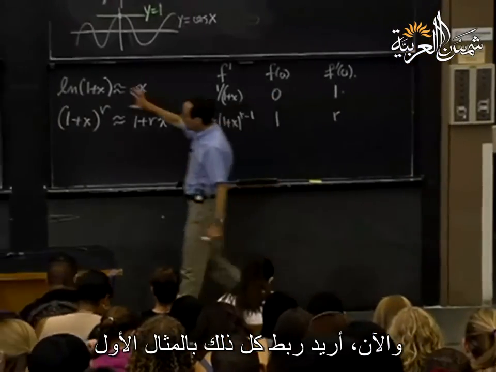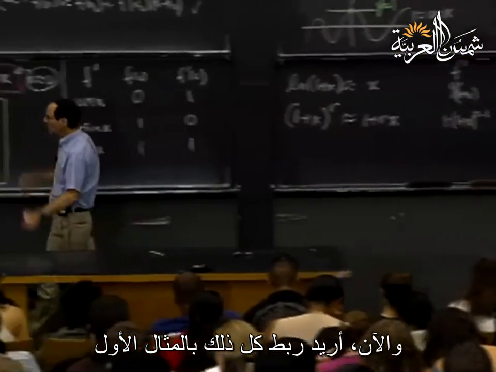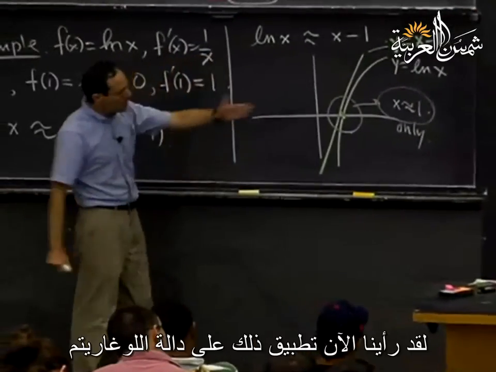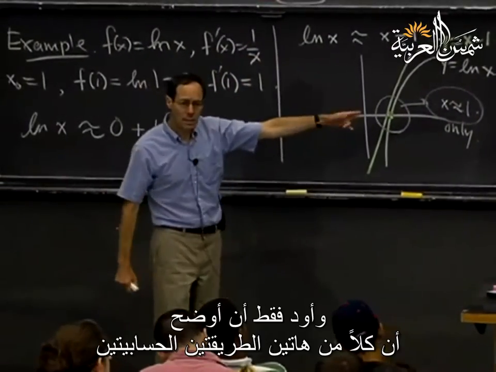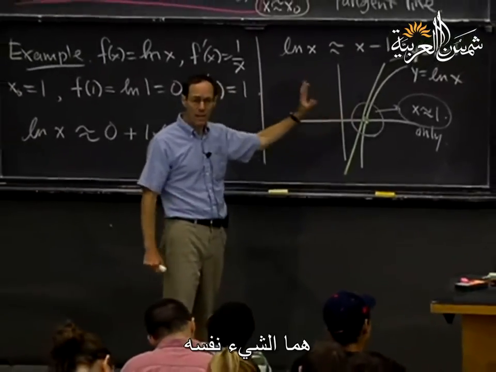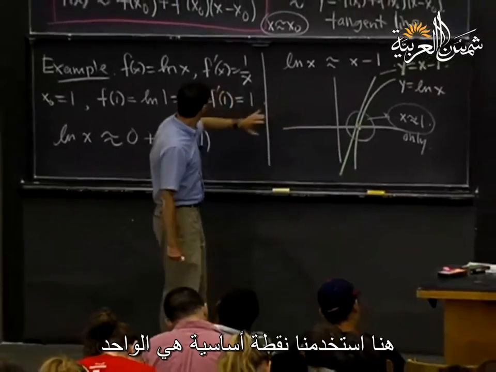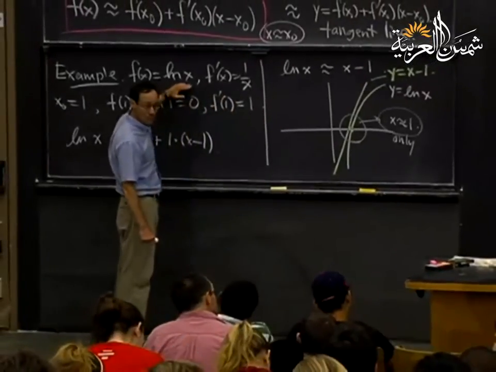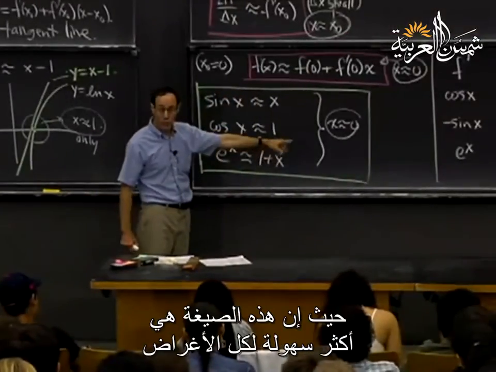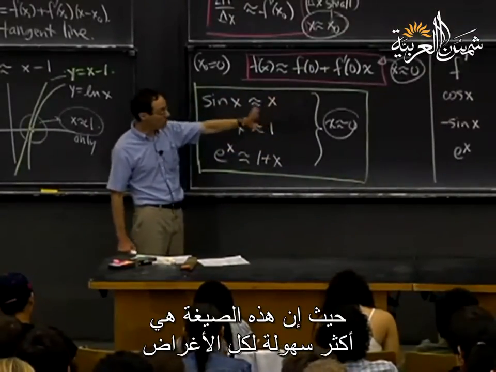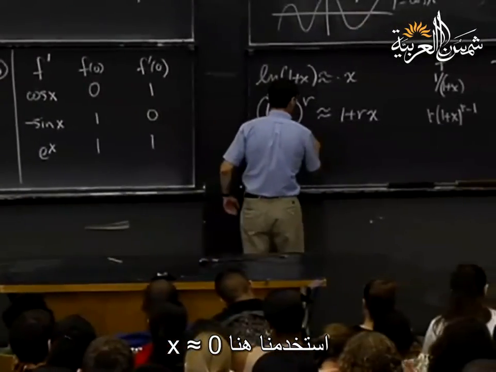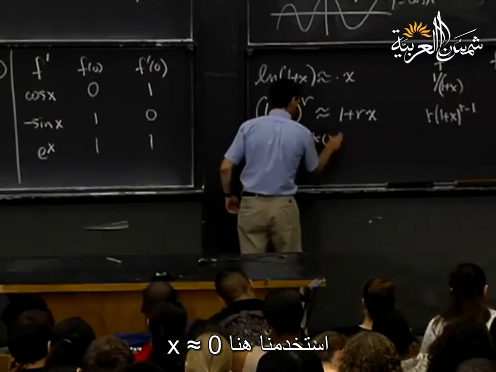And now, I do want to make a connection, explain to you what's going on here and the connection with the first example. We already did the logarithm once. Let's just point out that these two computations are the same, or practically the same. Here I use the base point 1. But because of my convenient form, which will end up being much more convenient for pretty much every purpose, we want to do these things near x approximately 0.